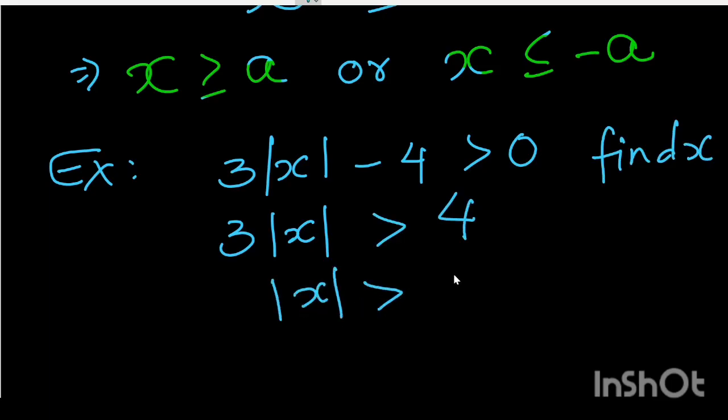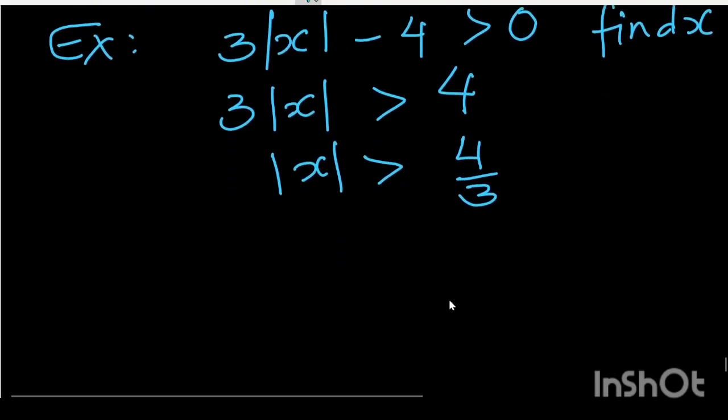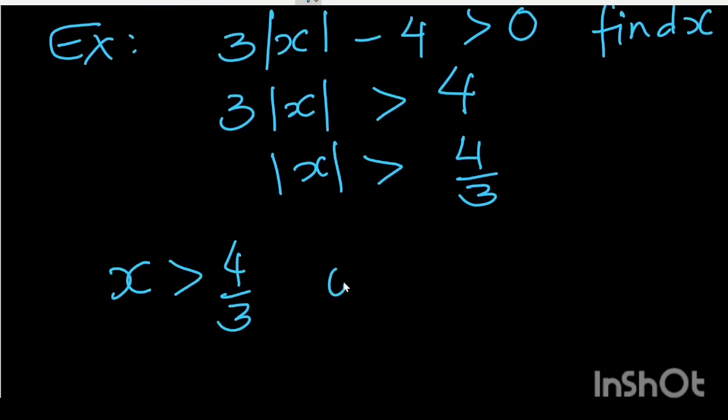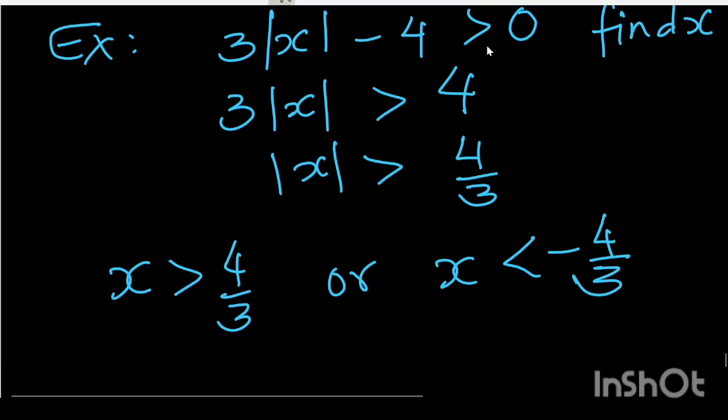Now we will divide by 3, so it becomes mod x greater than 4 by 3. So we will use the formula: x greater than 4 by 3 or x less than minus 4 by 3. Okay, that is the solution. We can write it in interval form also. Had the question consisted of equality here, then here also equality would be there.